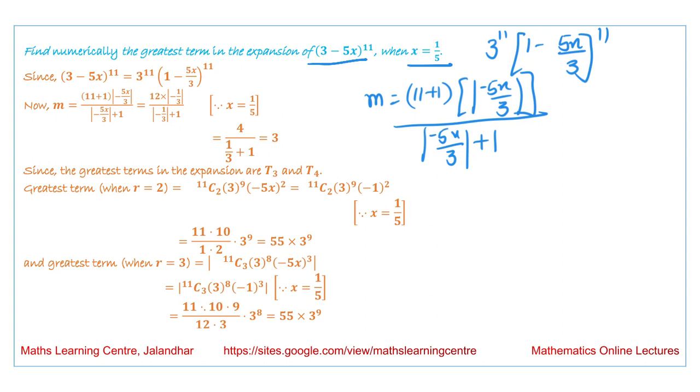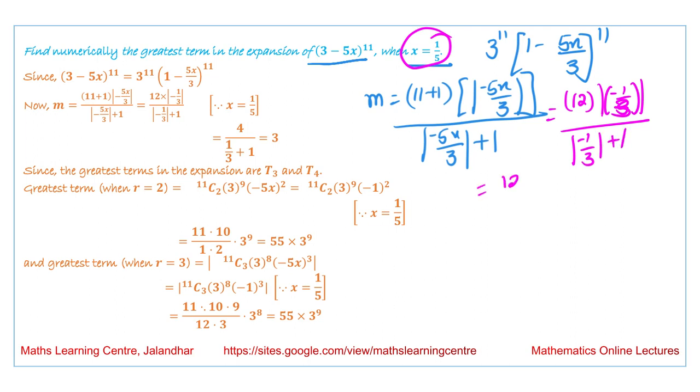Now the value of x in this case is given to be 1/5. So we obtain 12 into |1/3| divided by (|-1/3| + 1). So it is equal to 12 into 1/3 into 1/3 plus 1.